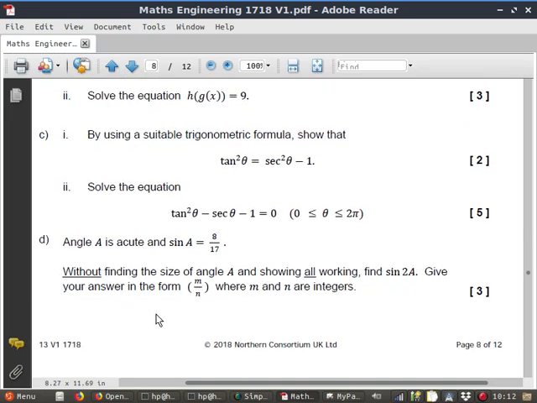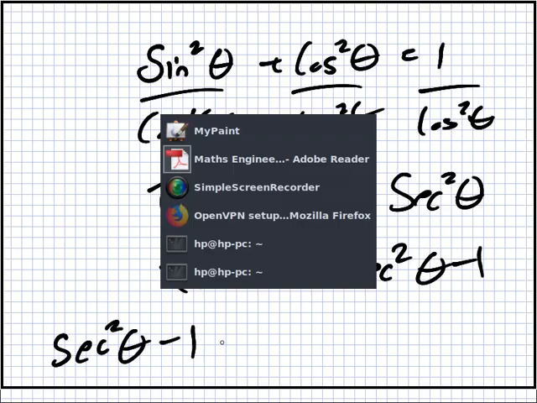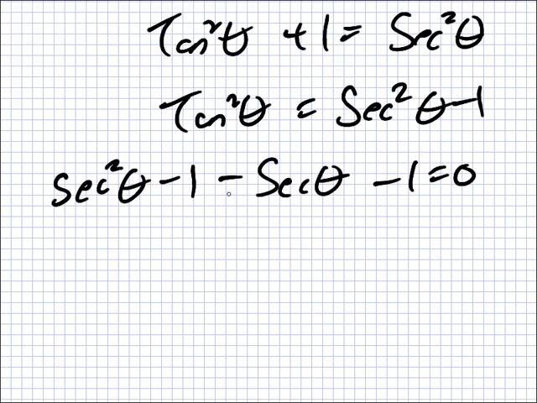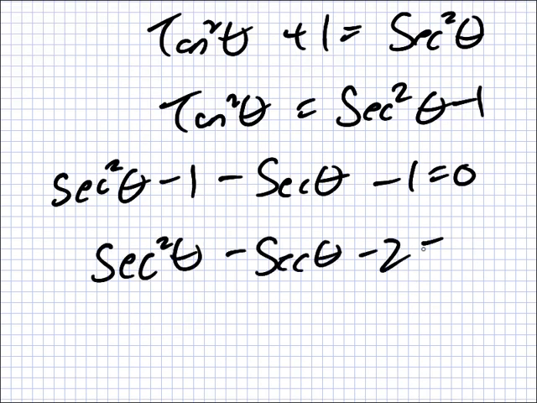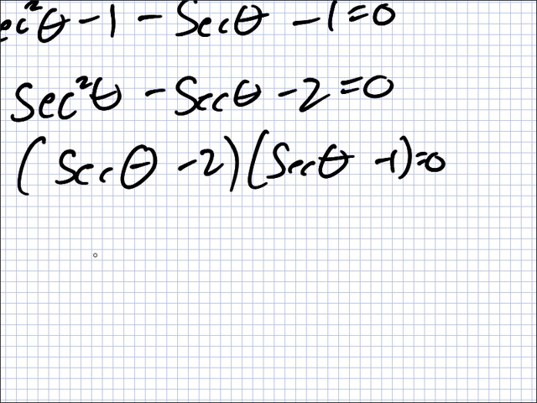Right, solve this equation. So, tan squared, which is sec squared theta minus 1, minus sec theta minus 1 equals 0. Yeah? Ben, sec squared theta minus sec theta minus 2 equals 0. So that means sec theta equals 2.